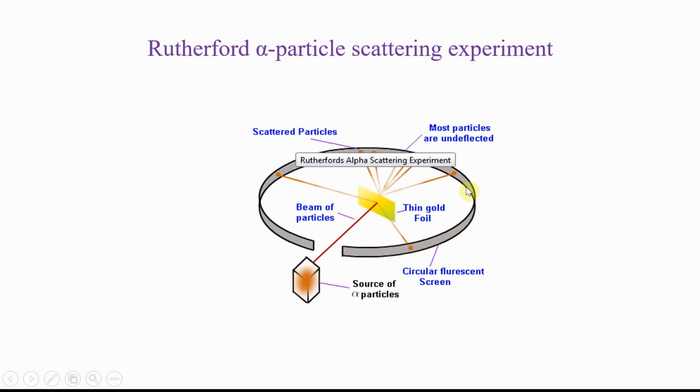When the scattered particles hit it, they can be easily visible. The source of the alpha particle is nothing but the positively charged helium nucleus, helium 2 4.